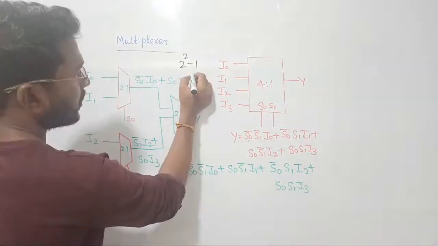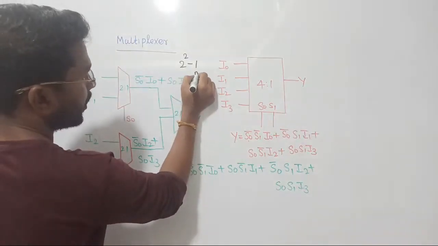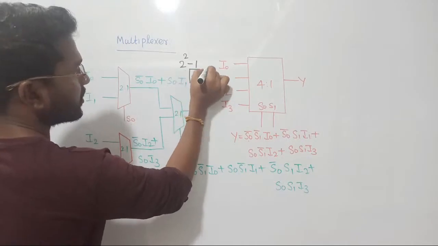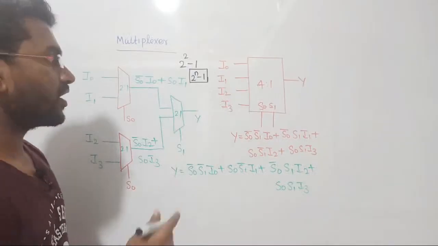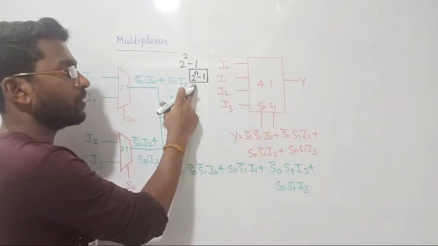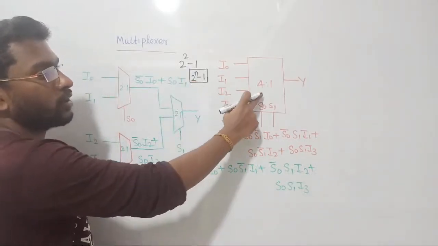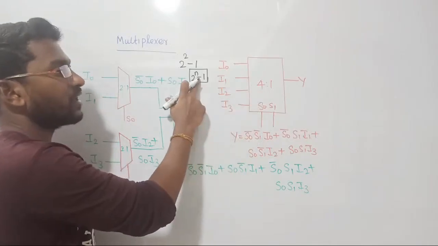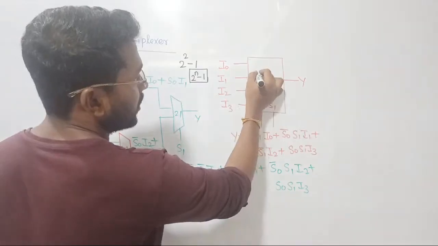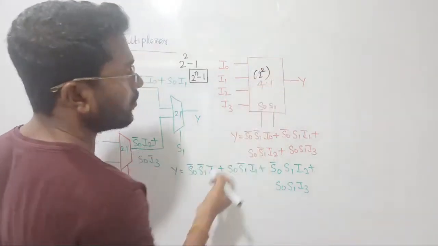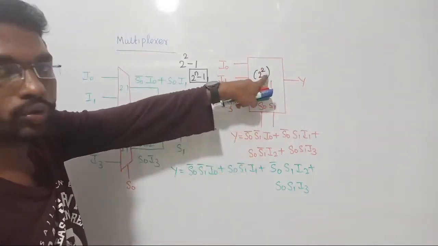Shall we put it like this? Yes, such that 2 power n minus 1 2 cross 1 muxes should be required in order to design it. For a 4 cross 1 mux, I am in need of 2 power n minus 1, where n is going to be 2, because 2 power 2 will become 4.